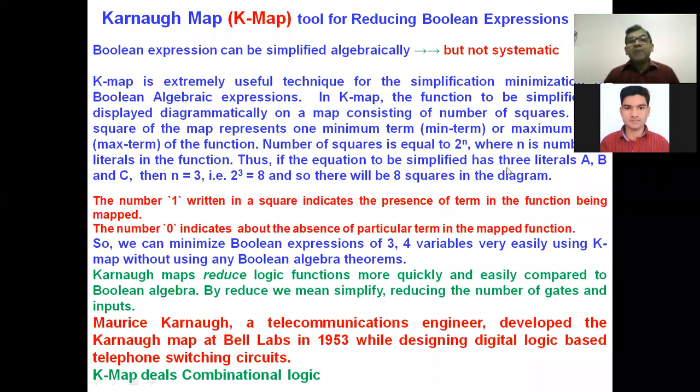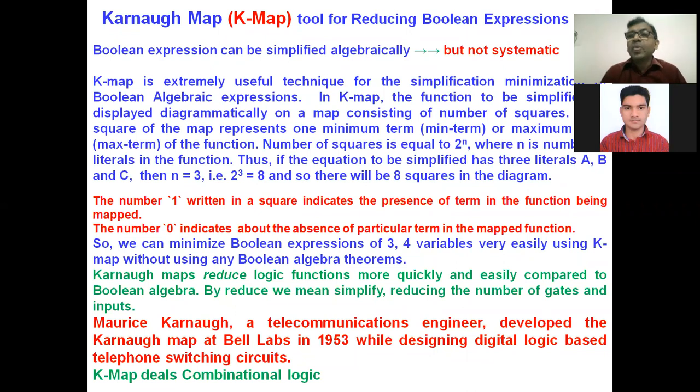So what is K-map? K-map is simply a diagrammatic representation in the form of squares. And how many squares will there be? This depends on how many variables we are dealing with. The total number of squares will be 2 to the power n, where n is the number of variables.